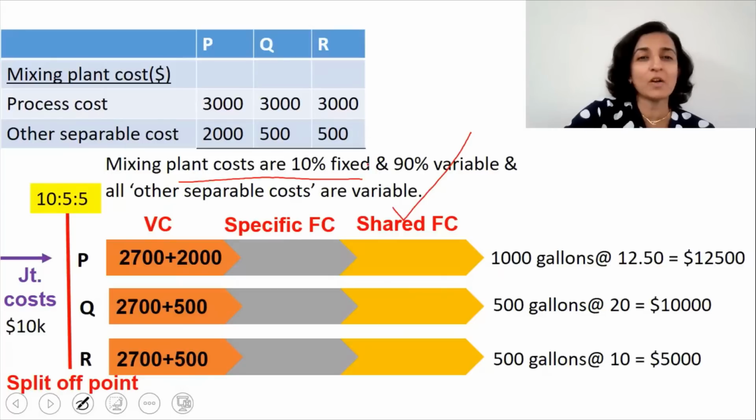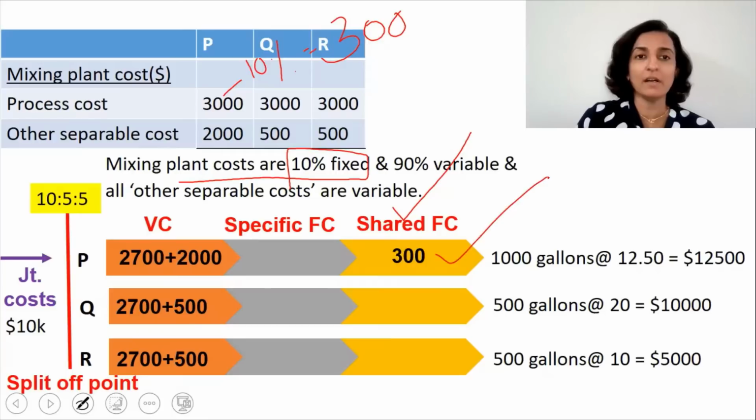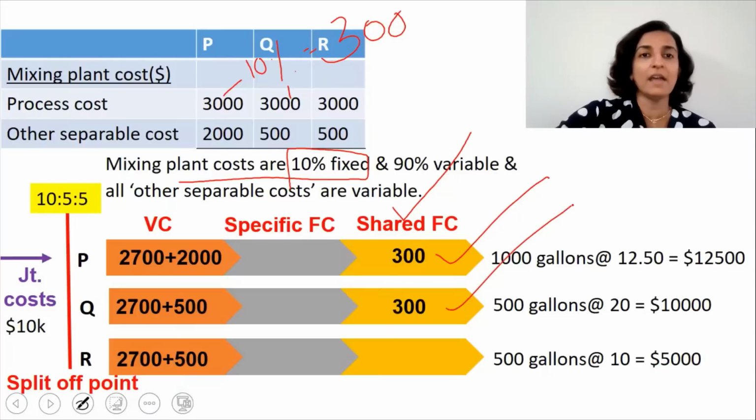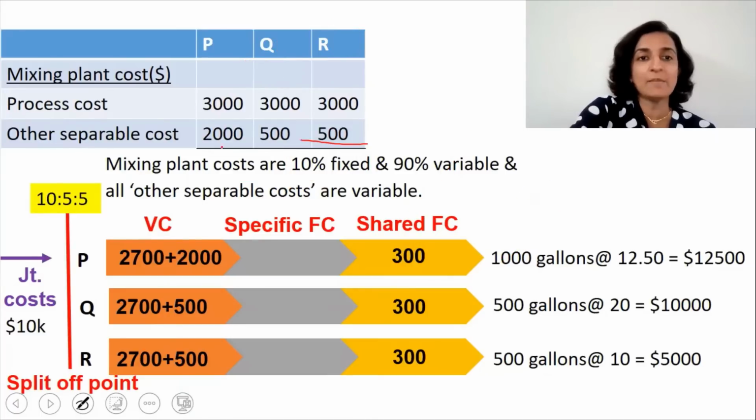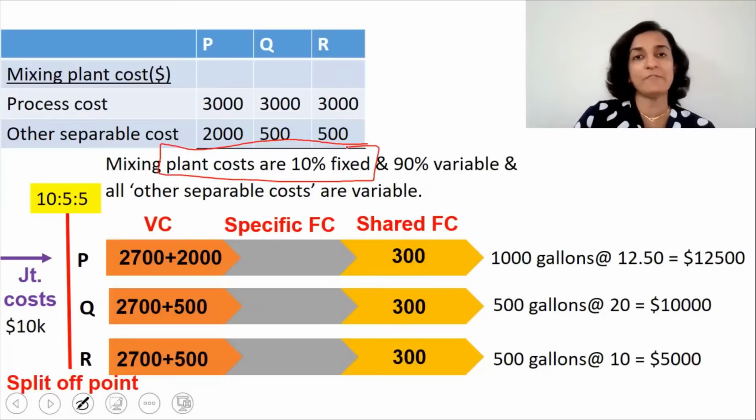So mixing plant cost 10% fixed. It is 3,000 into 10%, or $300 for product P. So we write $300 here. Likewise, for product Q also, it is 3,000 into 10%. So again, $300 here. And for product R also, it is 3,000 into 10%, again $300, because it is mentioned that mixing plant costs are 10% fixed.